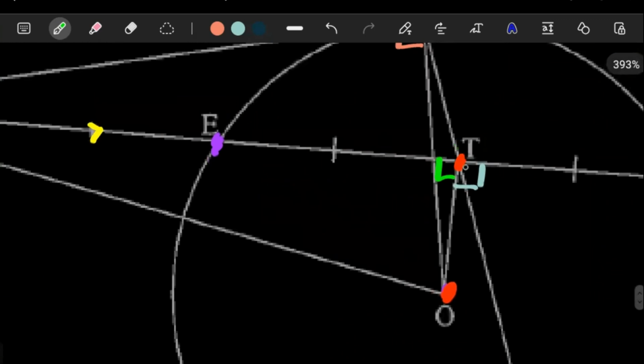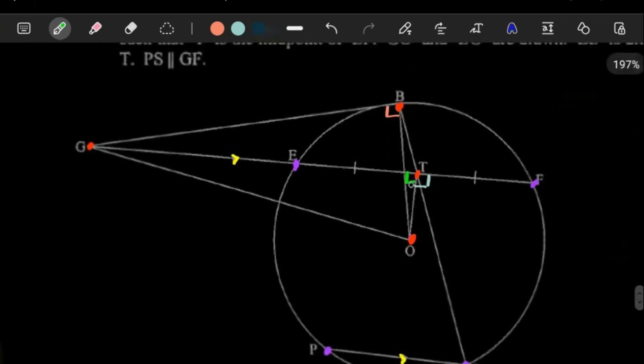Angles here, these are both 90. This angle is 90 degrees. This angle is also 90 degrees. And they are angles that are subtended by the same line, GO.